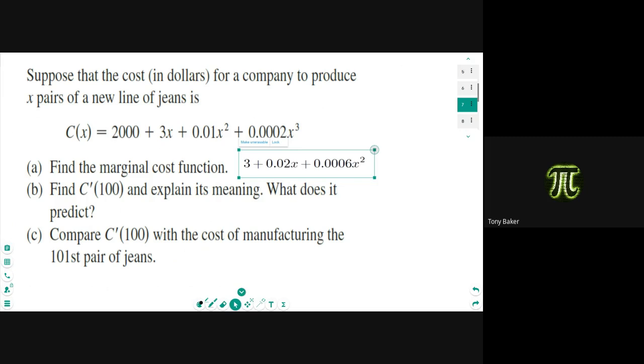So if we look at this one, we plug in 100. What do we get? Yeah, right around $11, right? So exactly $11 actually.